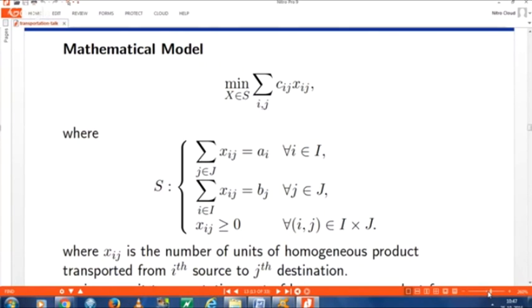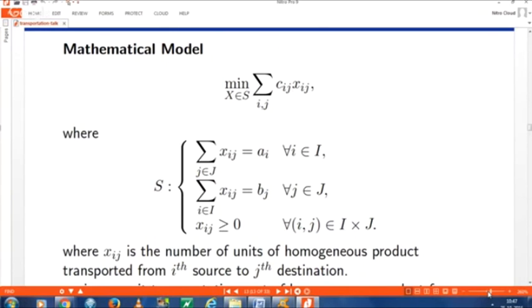The constraint says that whatever is being transported from the ith source should coincide with the amount available at that source. And the second part says that the amount received by the jth destination should exactly coincide with the requirement, right?